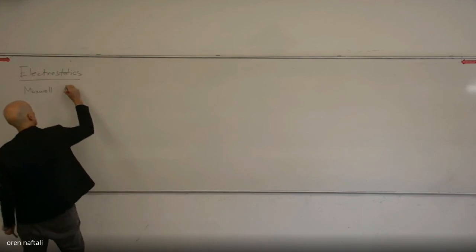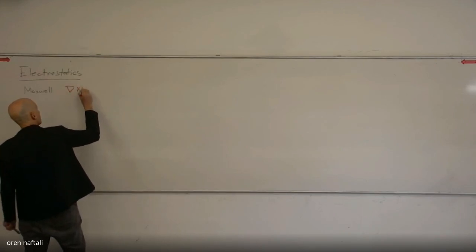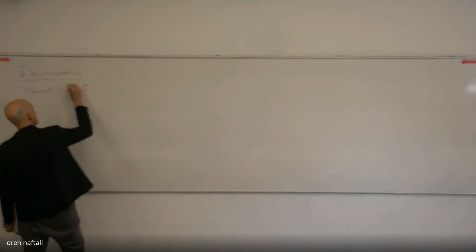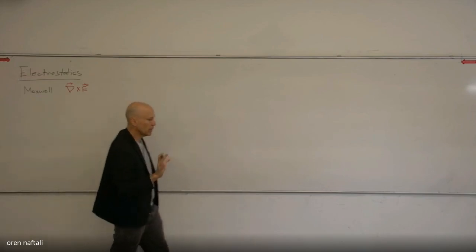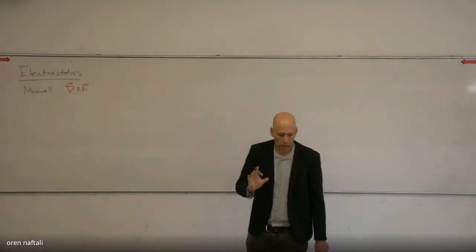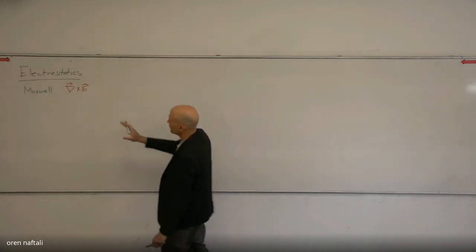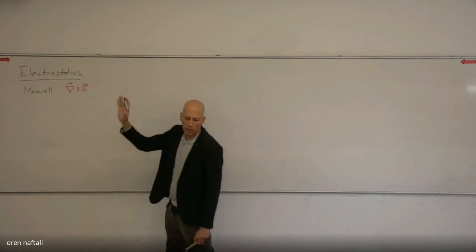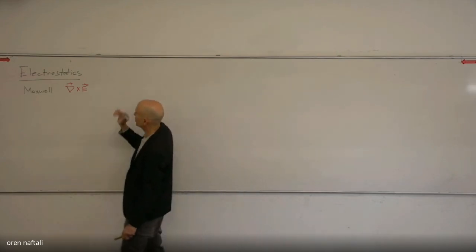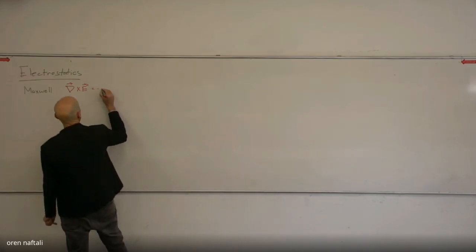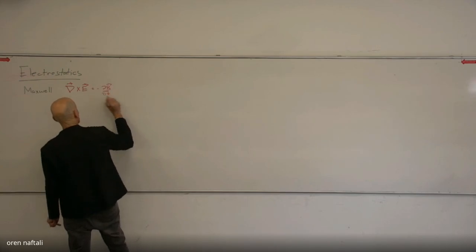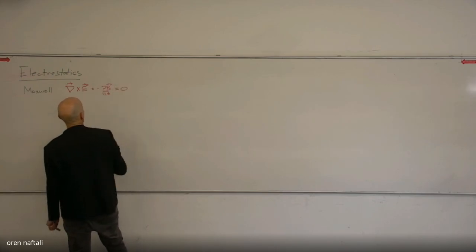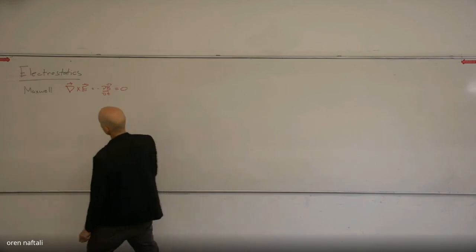First of all, the rotor, the curl of E. So first of all, we are caring about the electric field, so we want to calculate the vector field E in space. So this is a function of R, of the vector R in general. This is equal to dB/dt, but as I mentioned, nothing is changing in time. This is equal to 0.